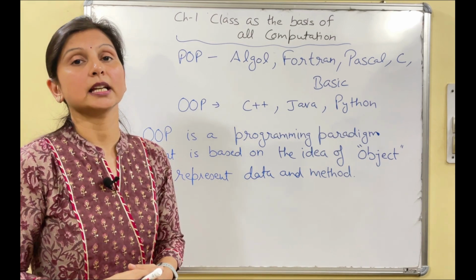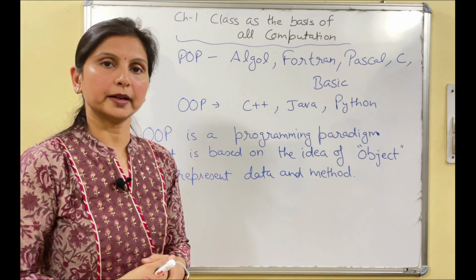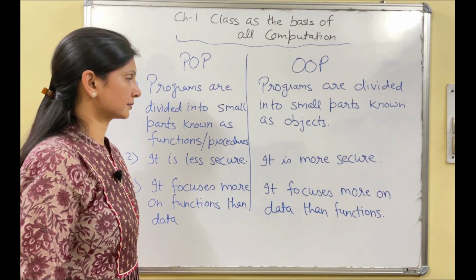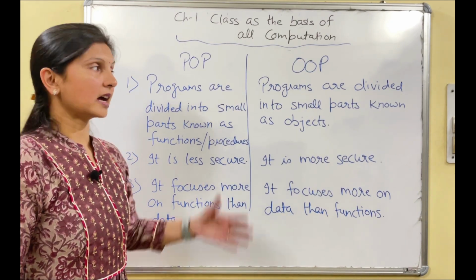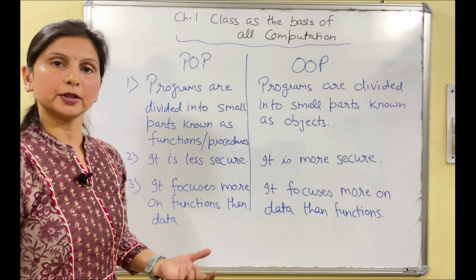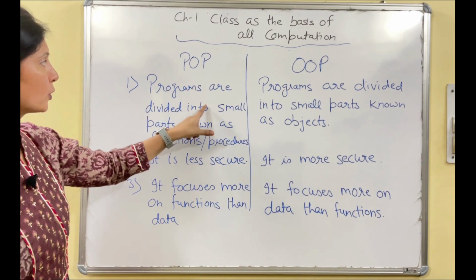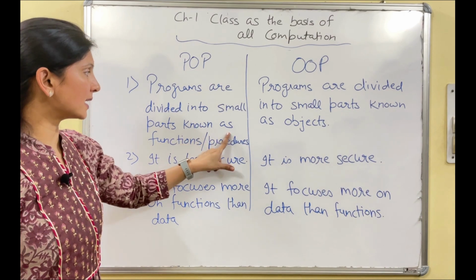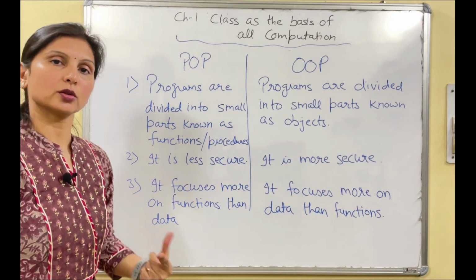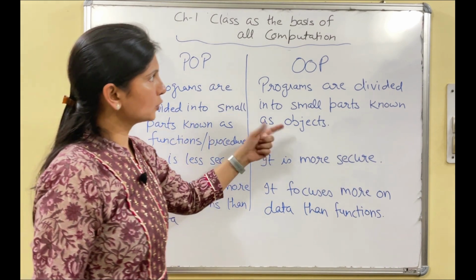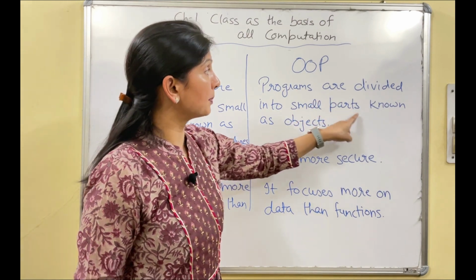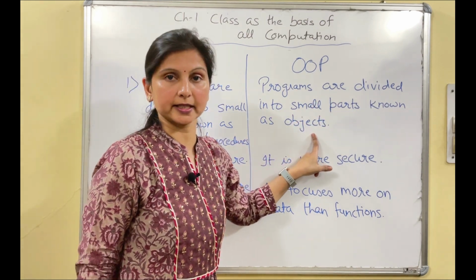Now we will see the difference between OOP and POP. Here are a few differences. First, in POP, programs are divided into small parts known as functions or procedures. In OOP, programs are divided into small parts known as objects.